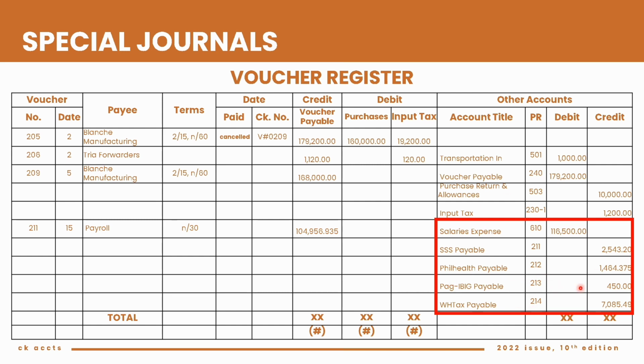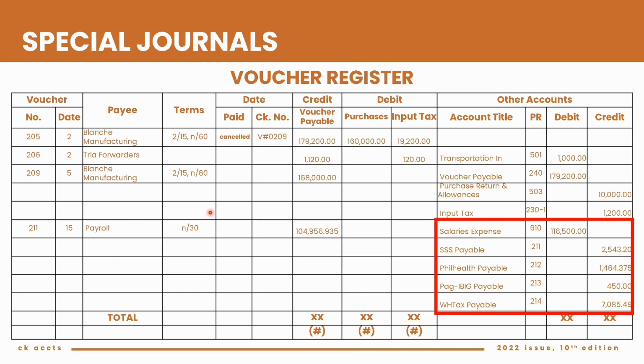So, where did this come from? What is the basis for recording the salaries expense transaction this way? This is in relation to the payroll register that you will see on, what page was it, page 37. If you open your practice set, page 37, payroll register, since this is a transaction from October 15, a payroll for October 1 to 15, you will see the totals in the payroll register.